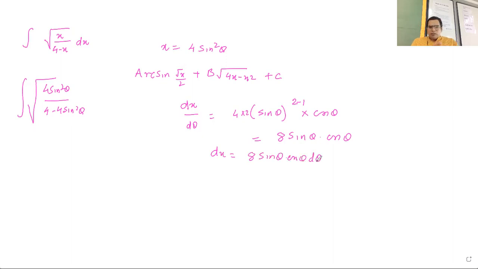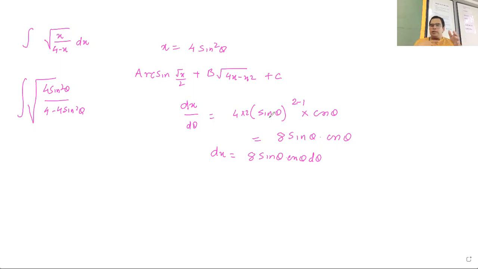The silliest of the mistakes is that students don't know the derivative part. If you don't understand the derivative of 4 sine square theta, you can't do this integration. The chain rule and the integration substitution method become very important here.